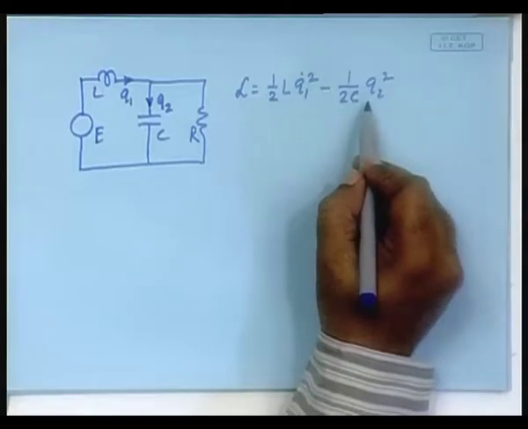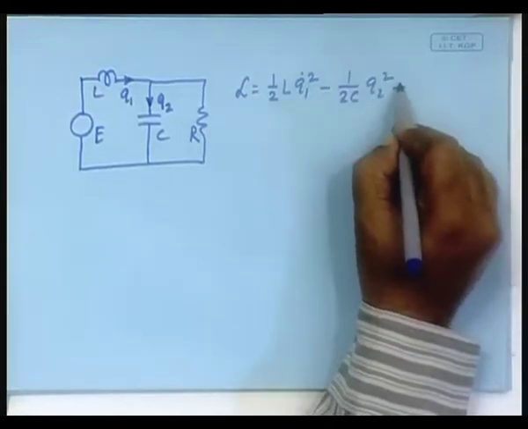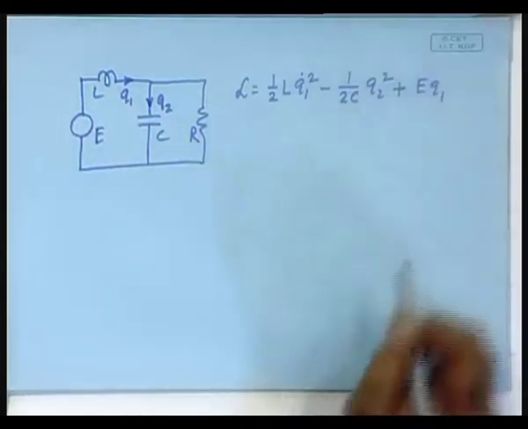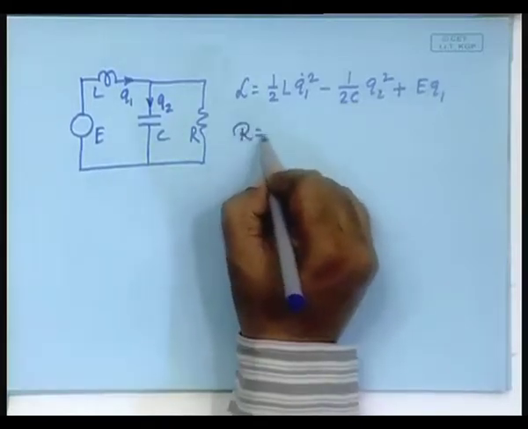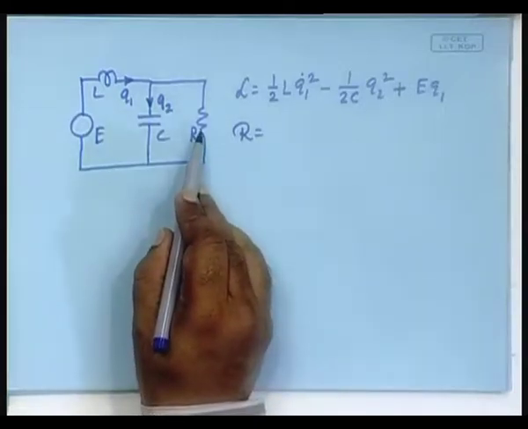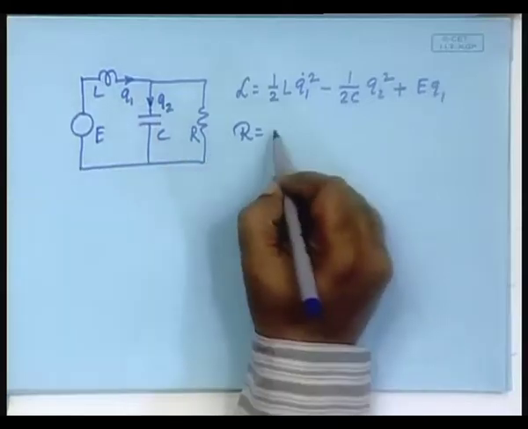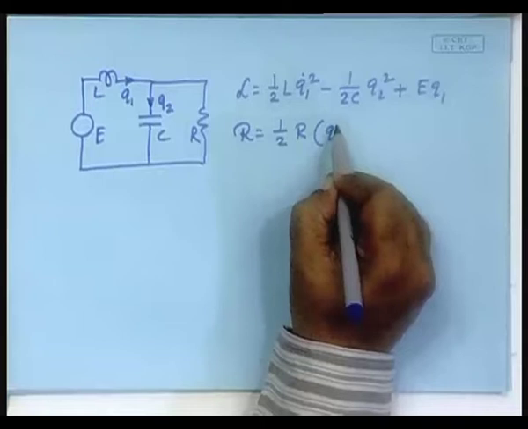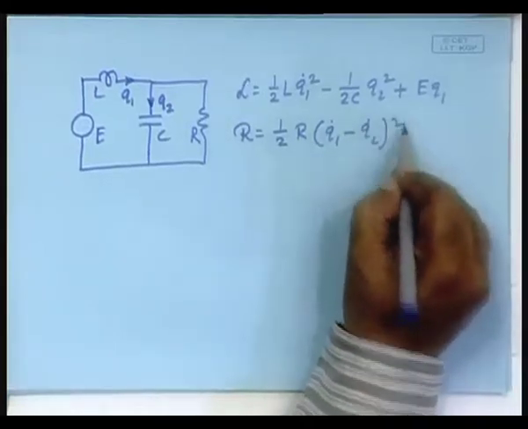Now, it will not be q1 minus q2 square, plus E q1. And the Rayleigh equation would be simply, now this term, how much current flows through this? q1 minus q2. So, here it will be half R times q1 dot minus q2 dot square.